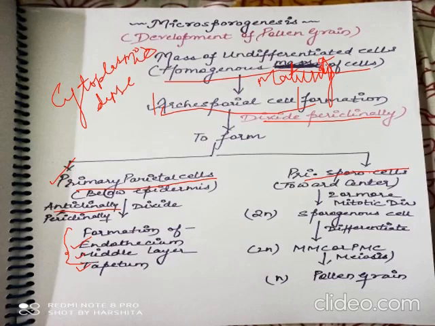When we come to the center of the anther, in the longitudinal section of the anther, you will find the sporogenous cells present towards the center.